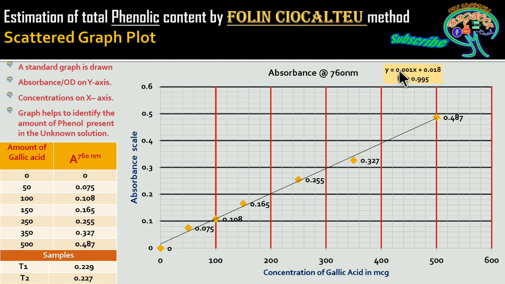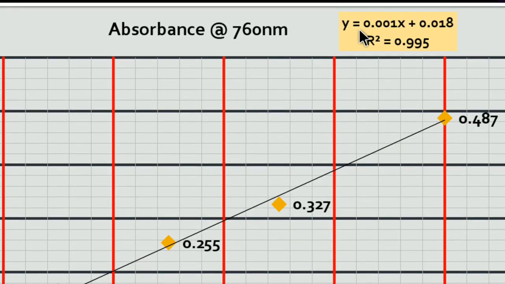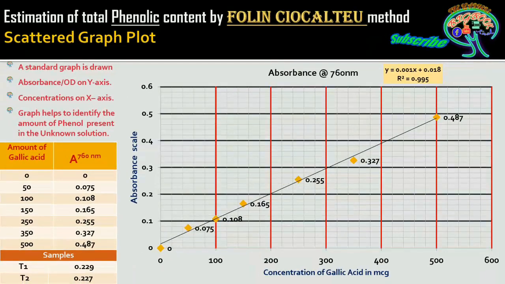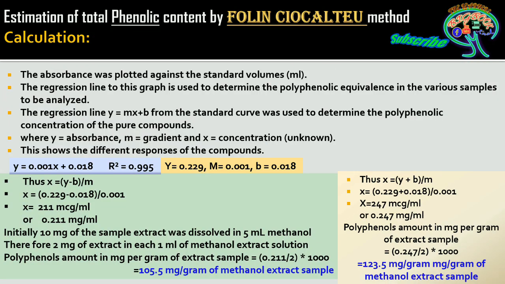Here m has the value, and x remains the x variable. m is 0.001, x is x, the variable remains the same, and b is 0.018. So the same has been mentioned here: y is equal to 0.001x plus 0.018.